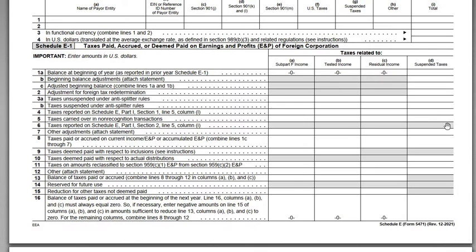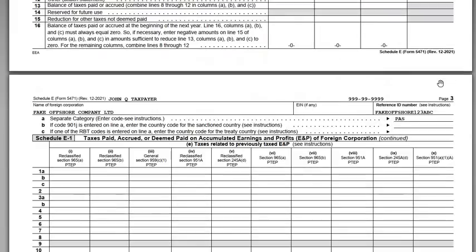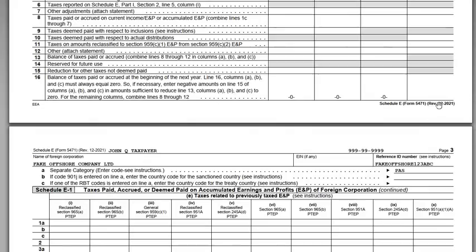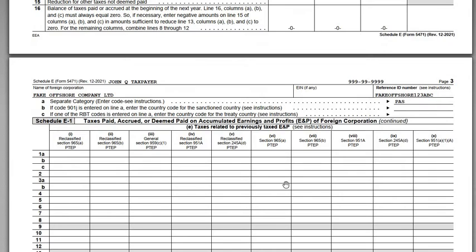And so we have 5 columns here, right? The taxes are related to, we have column A, Subpart F, B, tested income, that's the GILTI income, column C, residual, D for suspended taxes, and then column E is the last one here, but there are a lot of sub-columns in there.